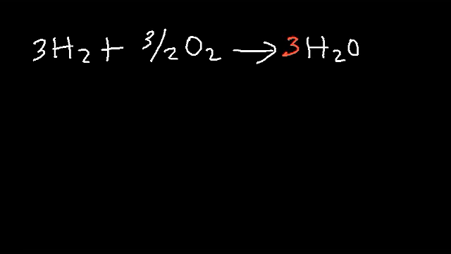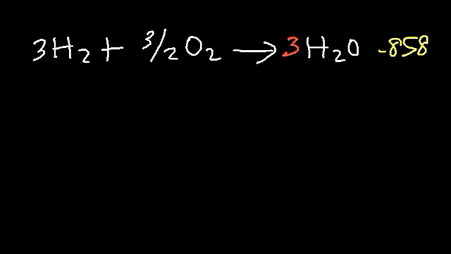Now, if you multiply the reaction by 3, you got to multiply the enthalpy by 3. So it was negative 286. So it's now negative 286 times 3, which is negative 858. That's the enthalpy change for this reaction.